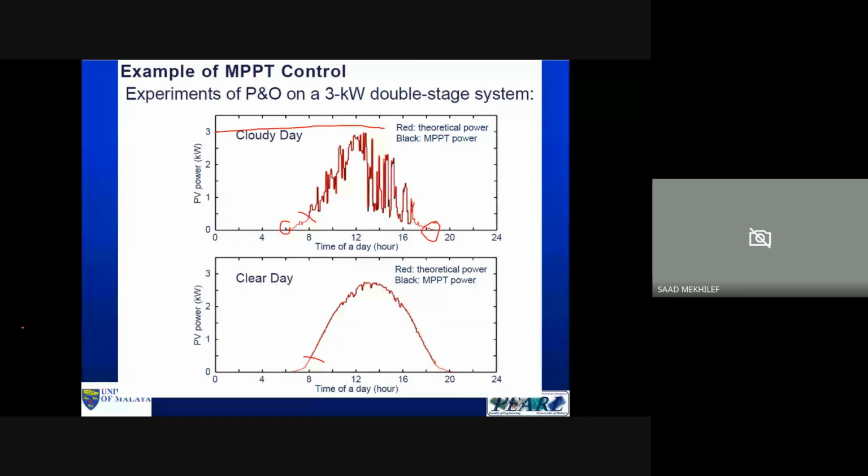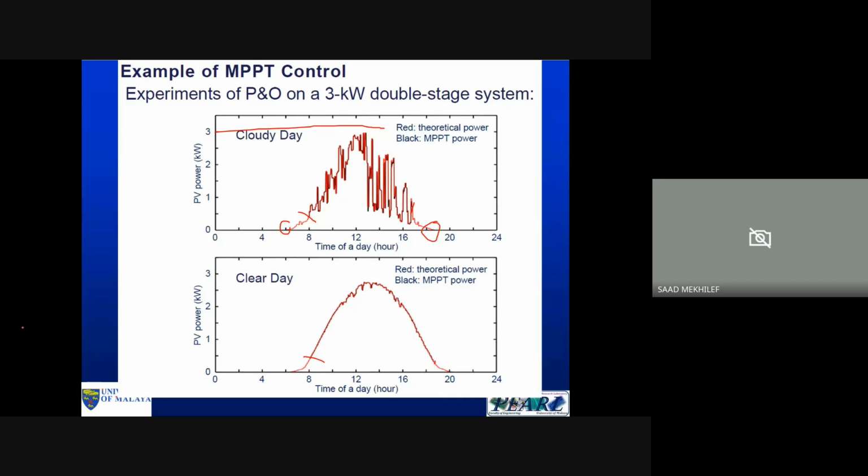If the voltage that comes from the PV panels is within the range of 150 to 600 volts, the inverter will work. If it drops below 150, the inverter will never work. If it is more, it will never work. So all inverters have an operating window. This is if you don't have a DC-DC converter in between.